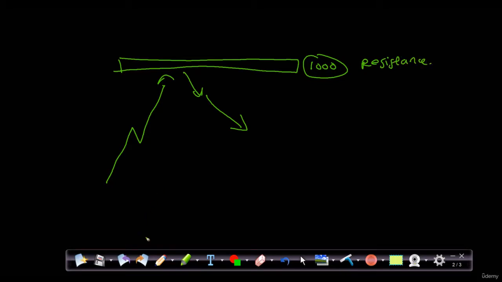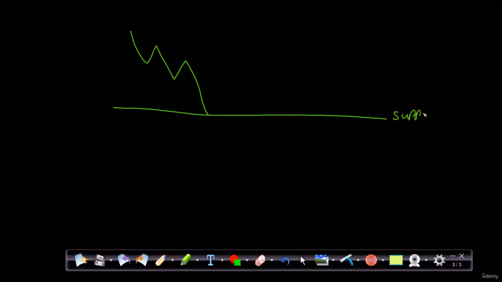Now the concern is how to draw resistance and how to draw support, which we are covering in the next video. But for now, there is one more confusion. Suppose this is the line, the market is moving upside, and the market has broken the support area. Why is this breakout more important than any other?